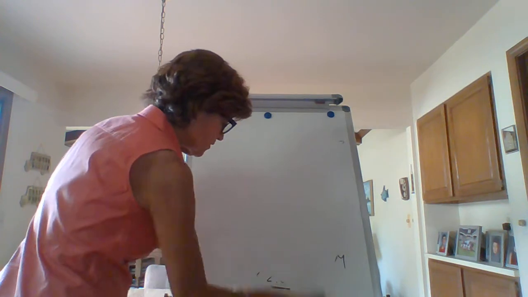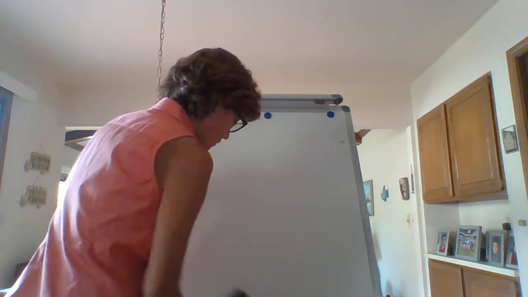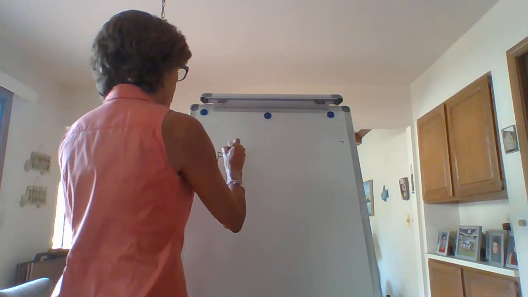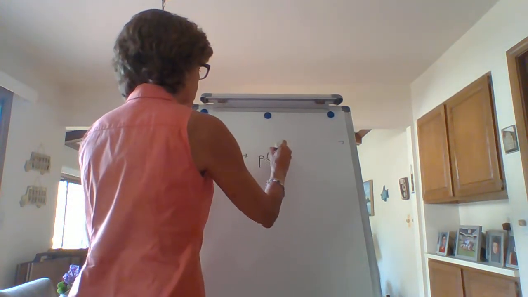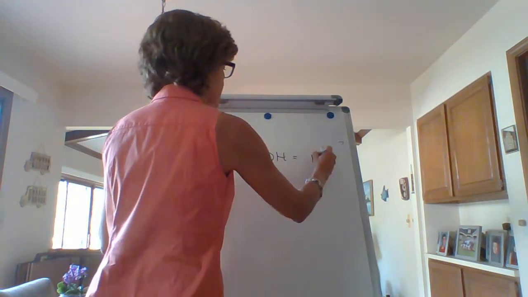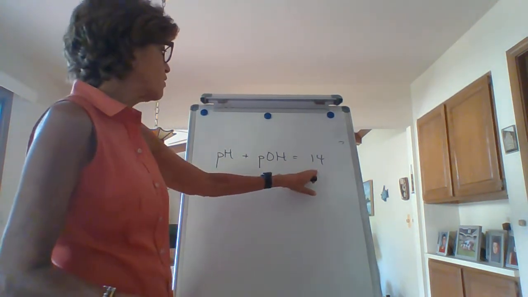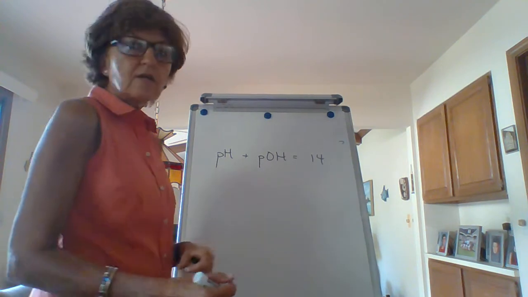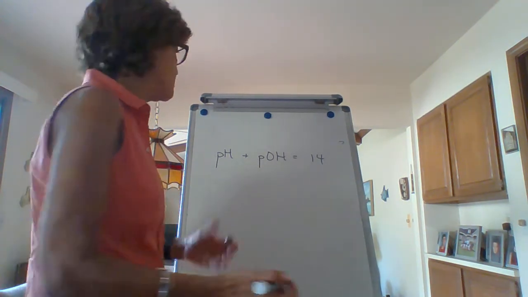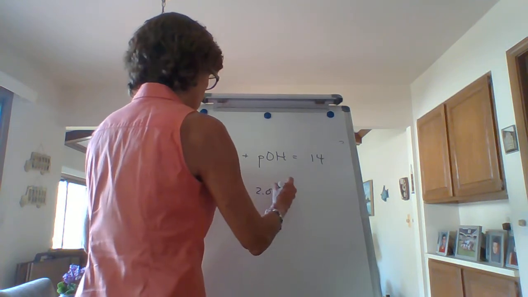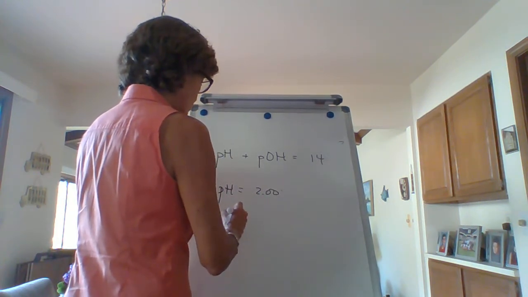If you are asked to get pOH, pH plus pOH is equal to 14. So if you know the pH, all you have to do is go 14 minus pH, and you've got the pOH. So if someone tells you the pH is 2, what's the pOH?